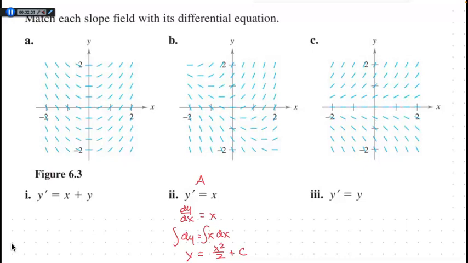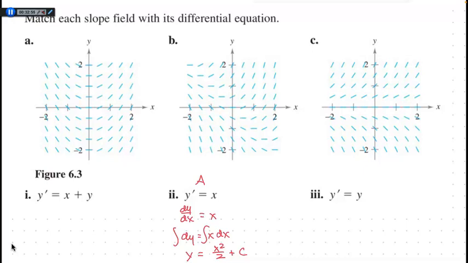So if we use that strategy, look at number 3. The slope is the y-coordinate. So which one looks like the y-coordinate? Is it B or C? Yeah, I'm seeing a bunch of C's now. So if we look at C, where y is 1, all these slopes look like they could be 1.